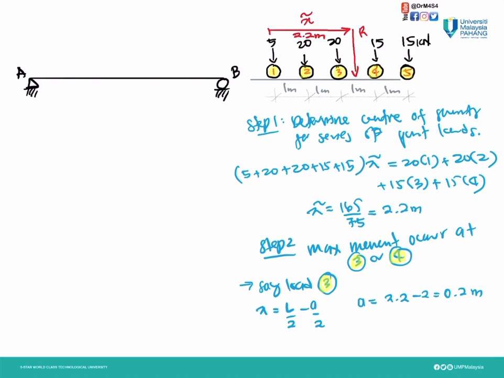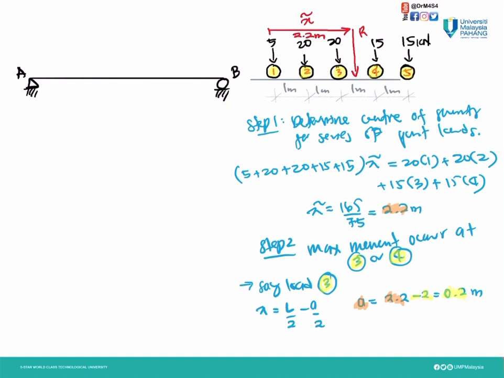So we have to find the x distance, using the formula: the total length divided by 2 minus a divided by 2, where our a is 2.2 minus 2 meter. So we get our a is 0.2.